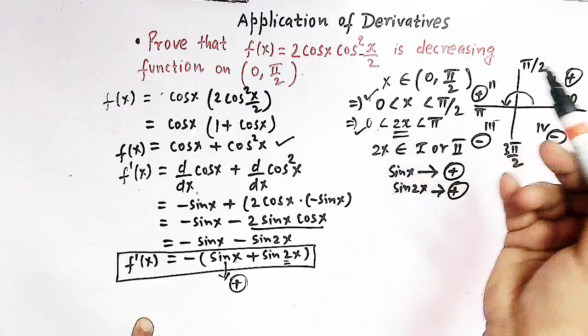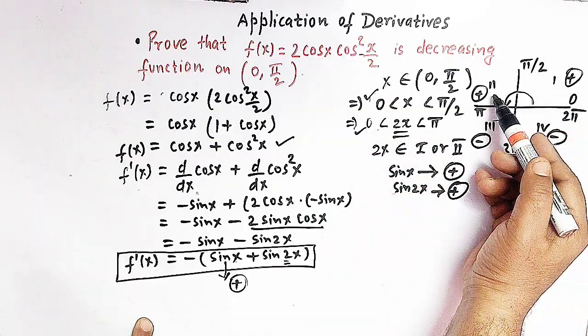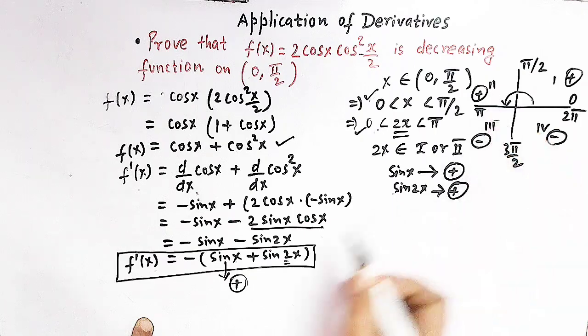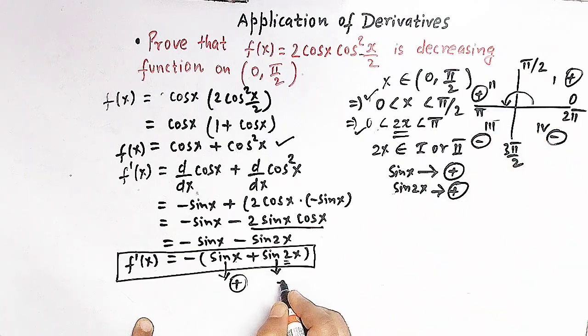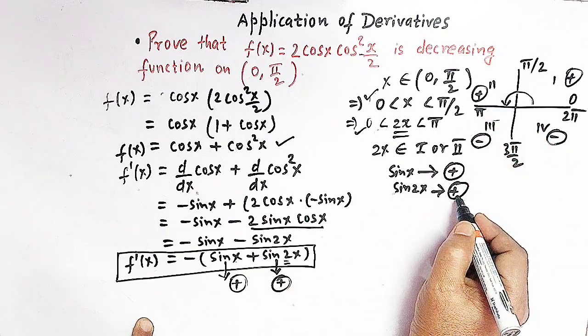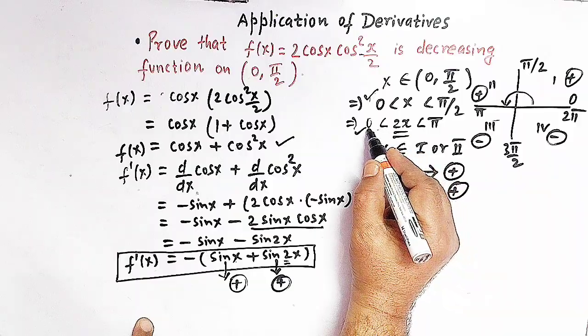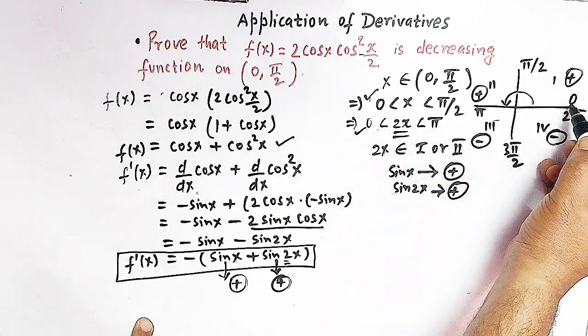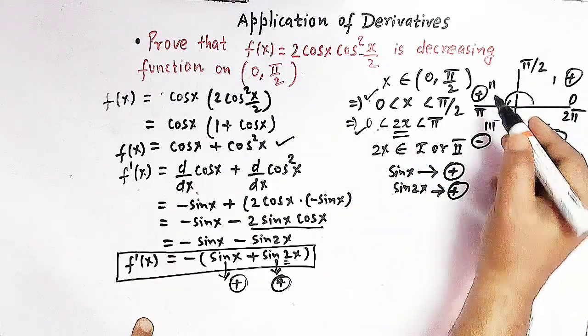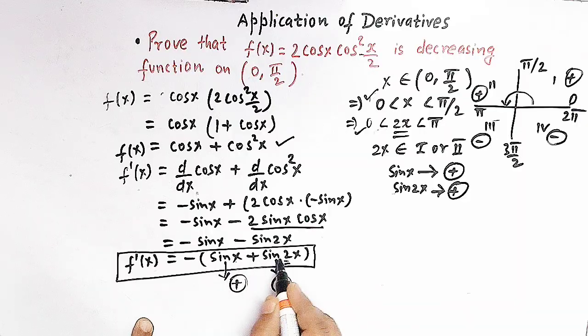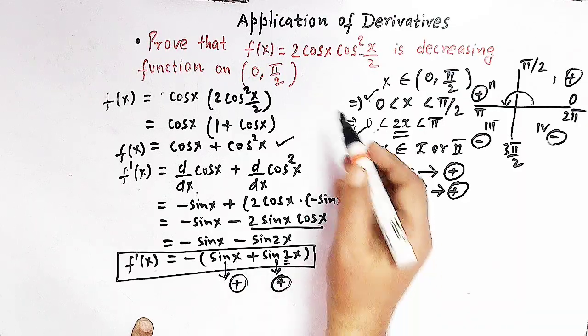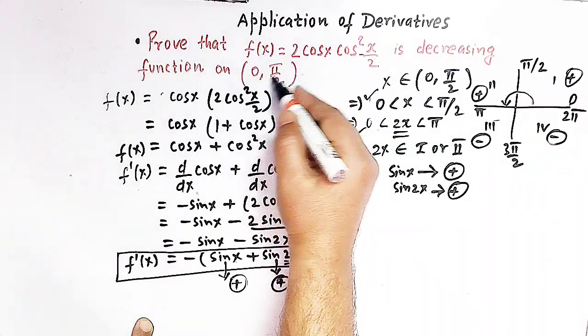So 2x belongs to either the first quadrant or the second quadrant. So sine 2x is again positive, because 2x lies in the interval 0 to pi. So here we have the sum of two positive numbers, right, for all x belonging to this interval.